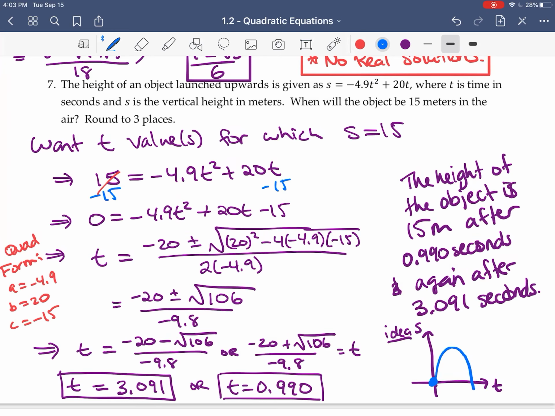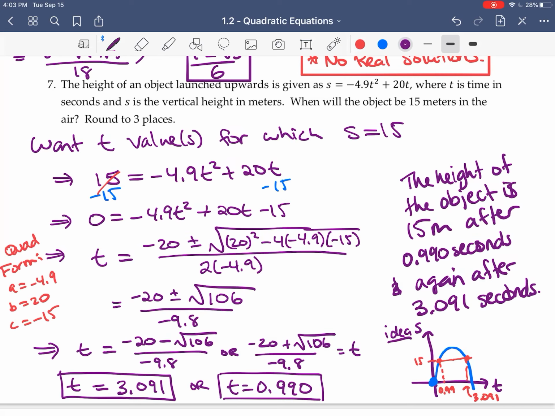Okay, so 15, the height is somewhere around here. Okay, so that means this first intersection, this is the 0.99, so around 1 second, and this second intersection is around the 3-second mark. So that's 3.091. So the maximum height must be somewhere between those, and it's bigger than 15.